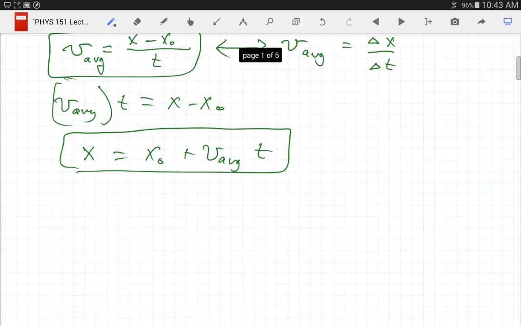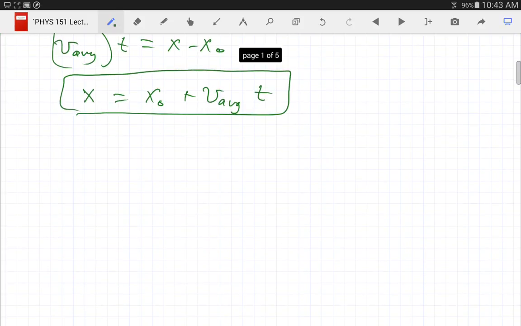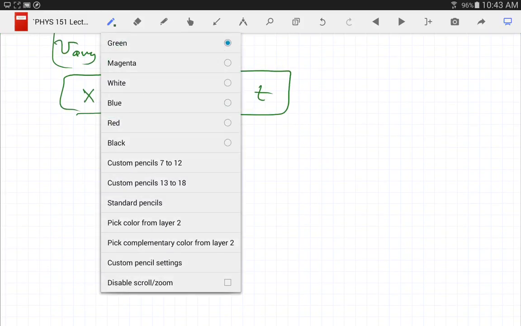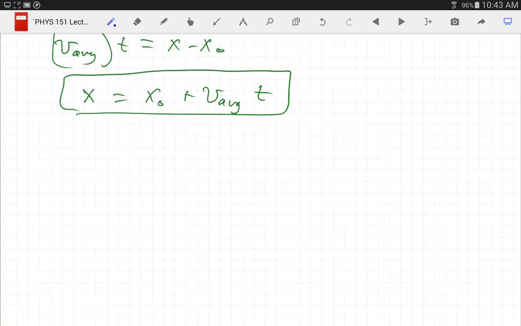Now, I don't think that I ever actually wrote the equation for acceleration. So the equation for acceleration, there's the way we would usually write it.